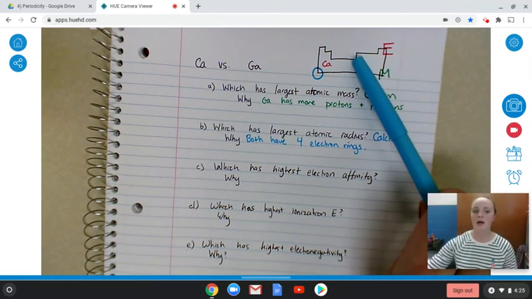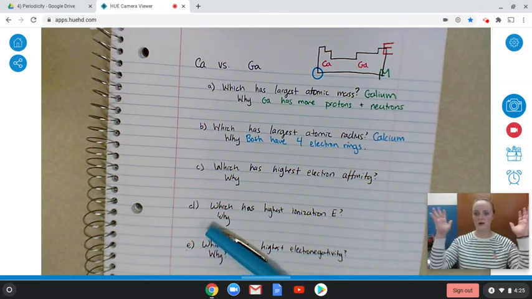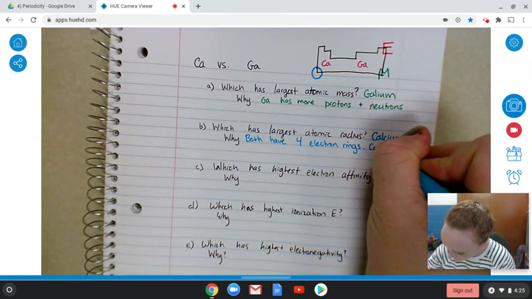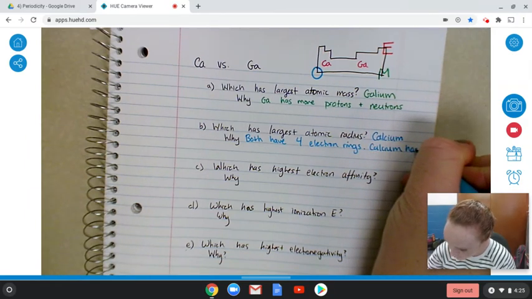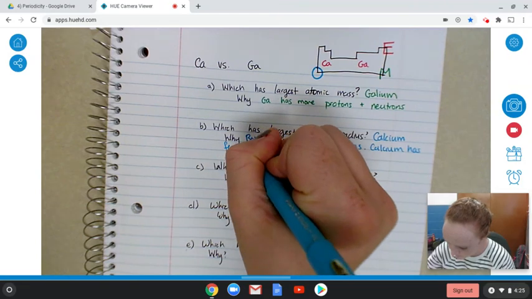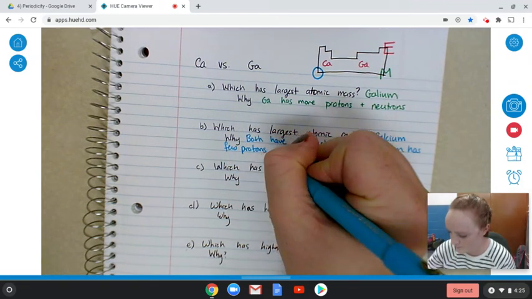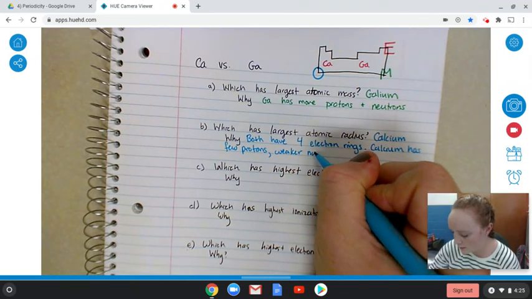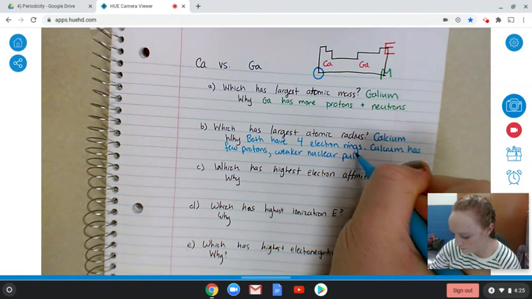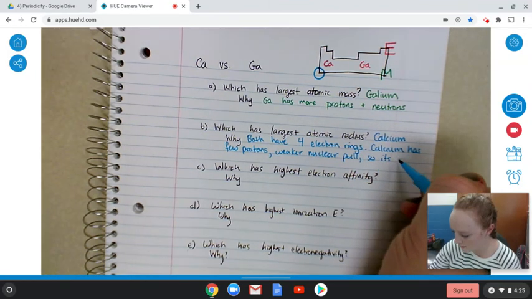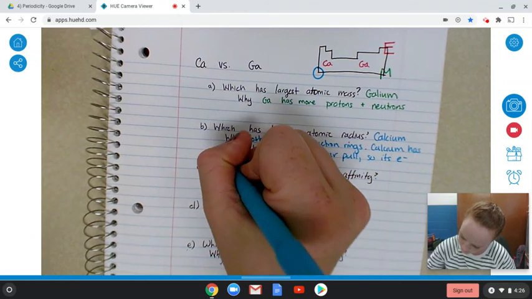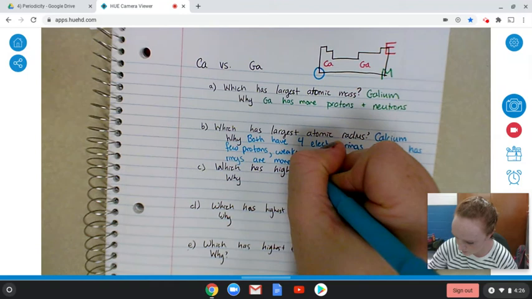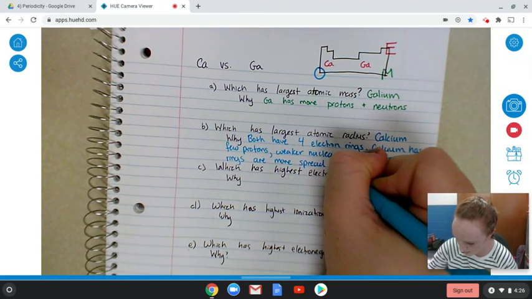However, gallium has more protons, so it has a stronger nuclear pull. Calcium has fewer protons, which gives it a weaker nuclear pull. So its electron rings are more spread out.